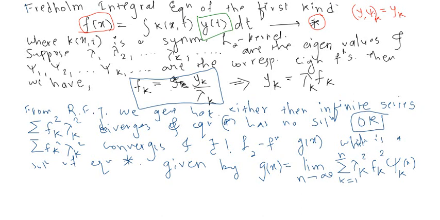So now we are not looking at this y_k, we are looking at the series lambda_k f_k. Let us consider the sequence. Now we are trying to apply the Riesz-Fischer theorem. So what do we need?